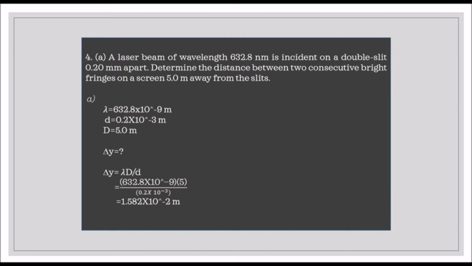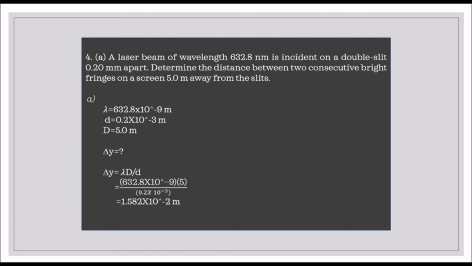So, the value of wavelength is 632.8 nanometer. The value of separation between the double slit is 0.2 millimeter, and the distance between the slit and the screen is 5 meter. The question wants us to find the distance between two consecutive bright fringes, and we're going to use the formula delta y equal to lambda capital D over small d.